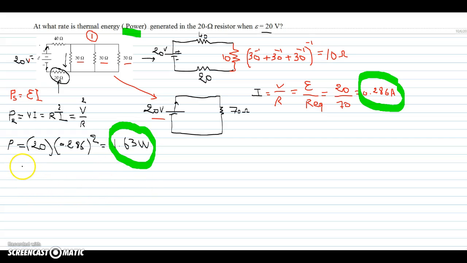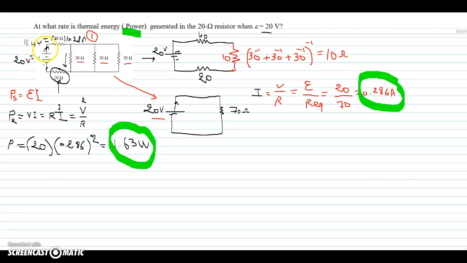The voltage across the 40 will be this resistance times the current, 0.286. So 0.286 times 40 is 11.4 volts.